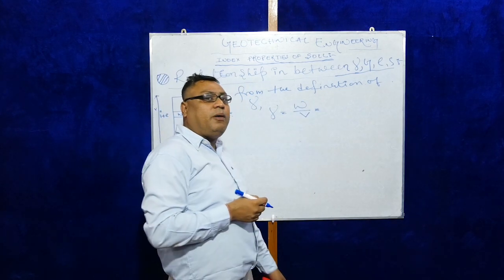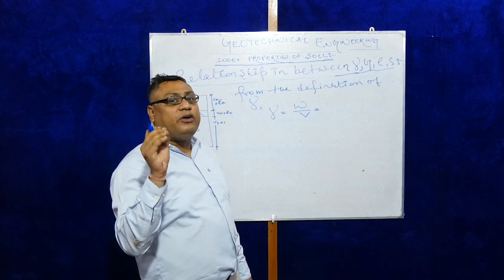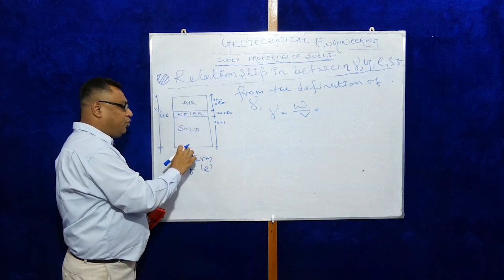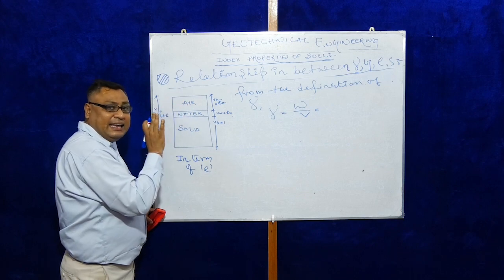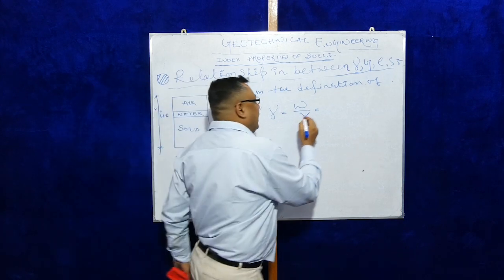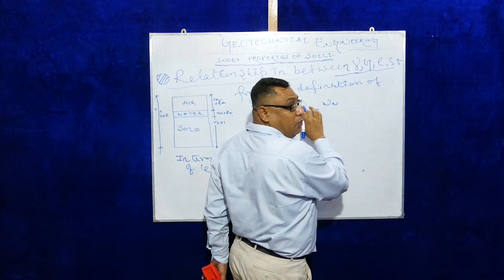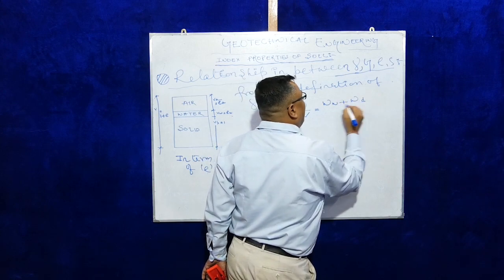The total weight of soil consists of the weight of water plus the weight of soil solids. As we know, the weight of air is negligible.